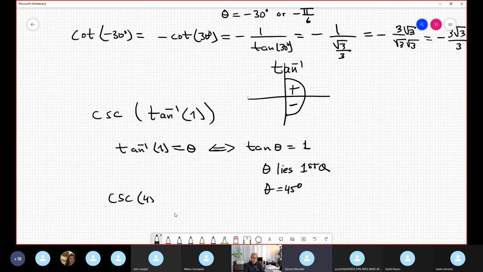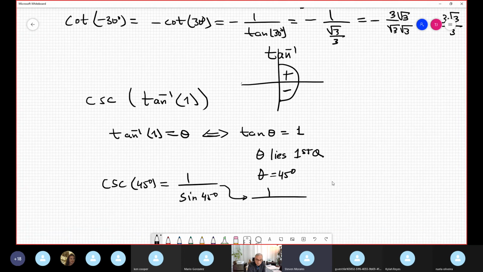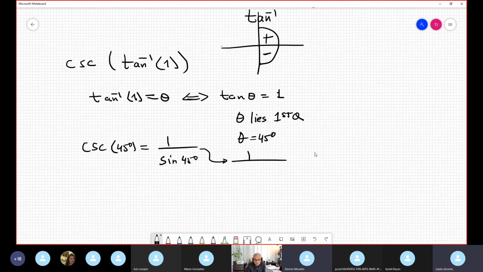Cosecant 45 degrees is the reciprocal of sine 45 degrees. And sine 45 degrees is radical 2 over 2, no? Yes. Flip that, it's 2 over radical 2. Rationalize: 2 radical 2 divided by 2 is radical 2.